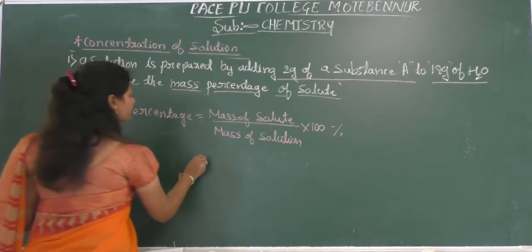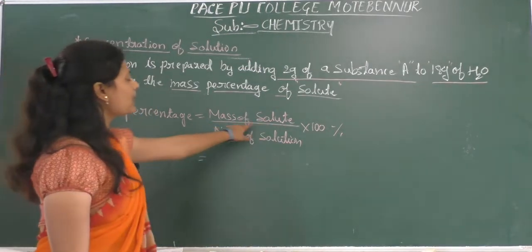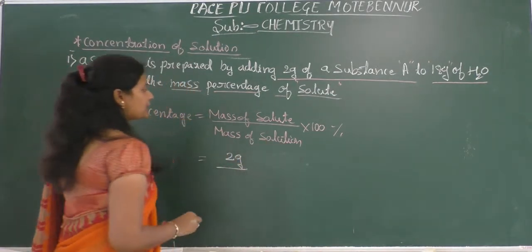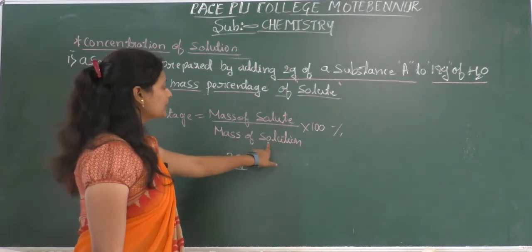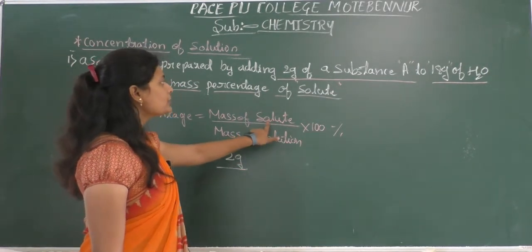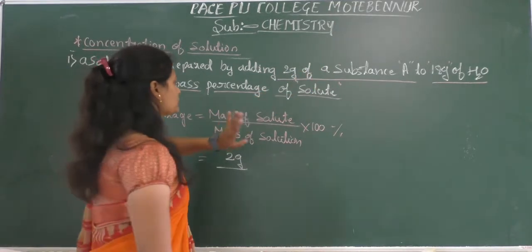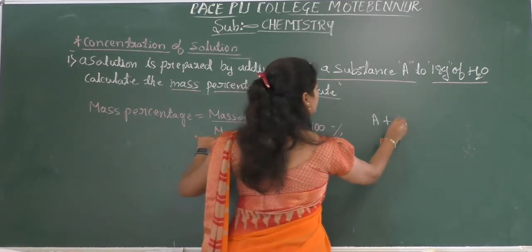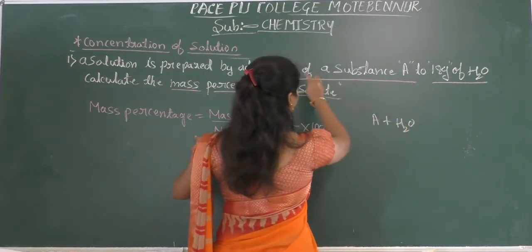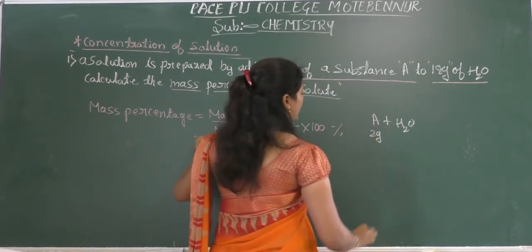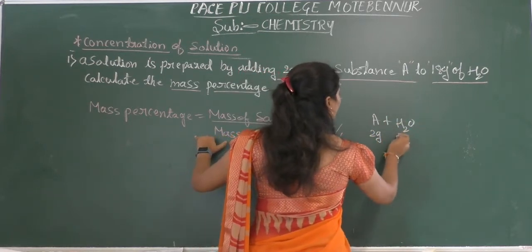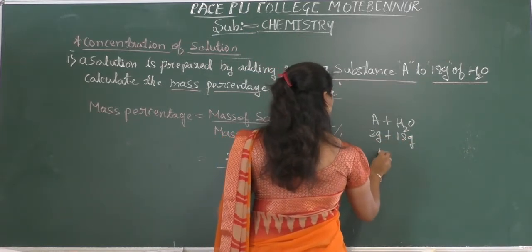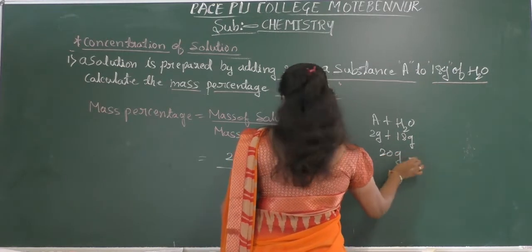Okay, so here the mass of solute is 2 grams, then mass of solution. Here you have to observe, the solution is nothing but the mixture of solute and solvent. Here the solute is substance A and solvent is water. So we have substance A as 2 grams and solvent water as 18 grams. If we add these two, then we will get the mass of solution.